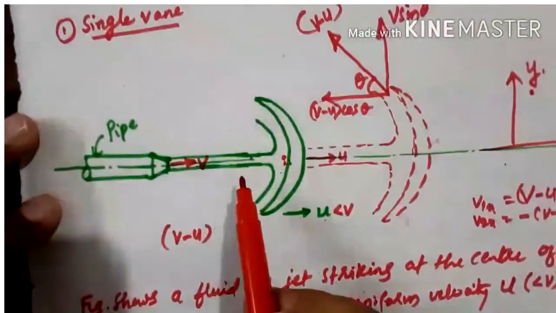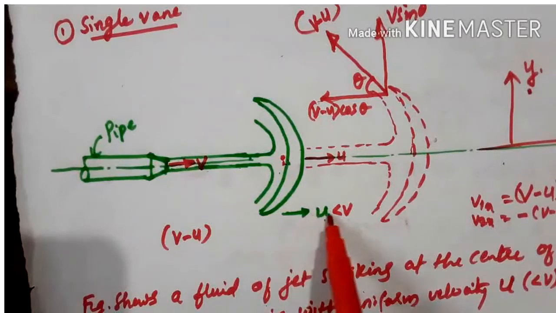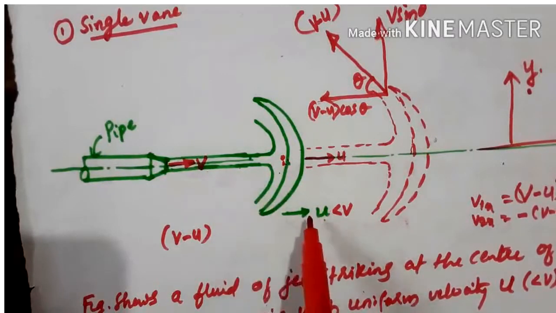Means the efficiency of the jet depends upon the velocity of the plate, how fast it moves.